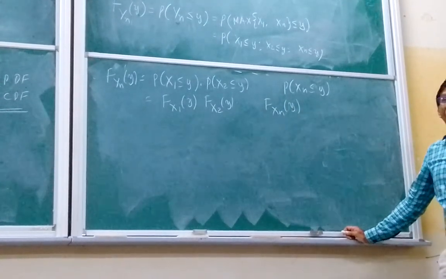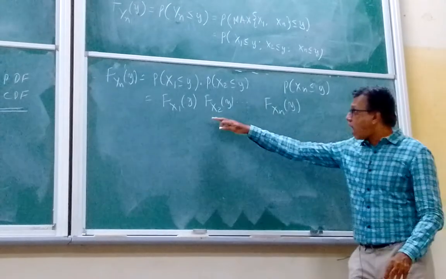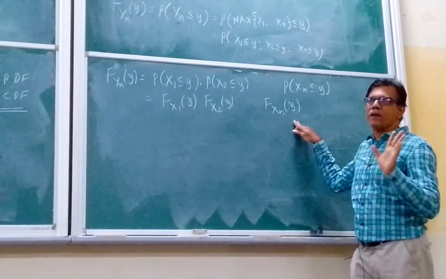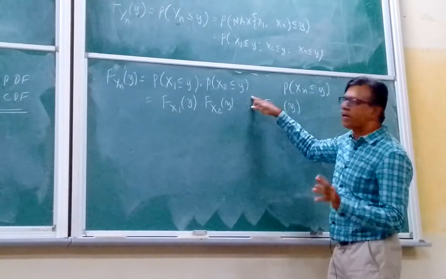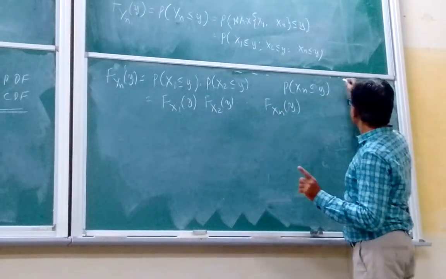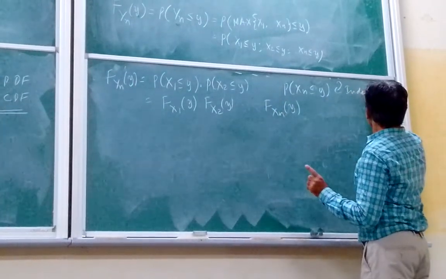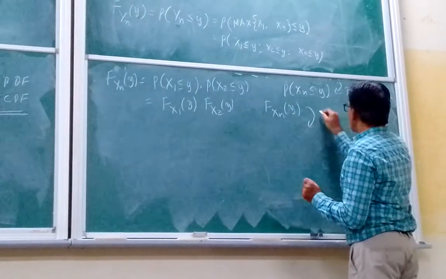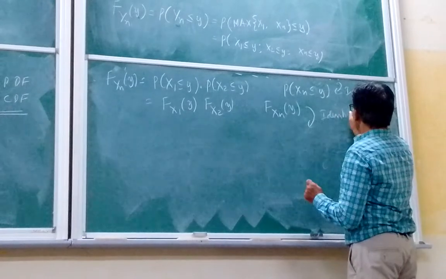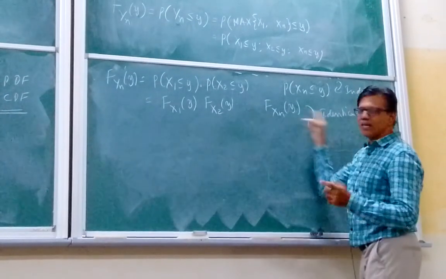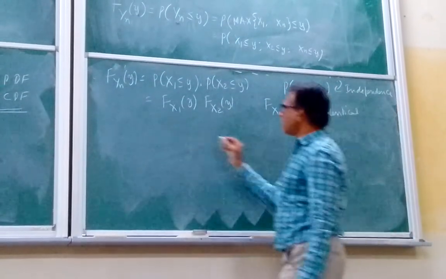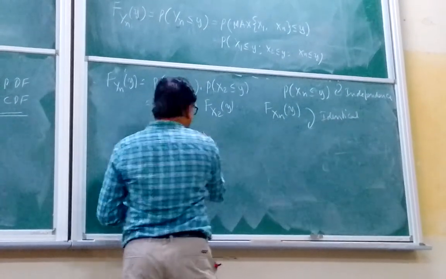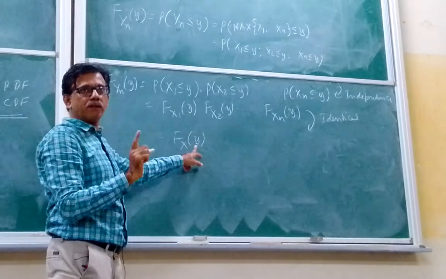And if they are identical, see, up to this one we have not used it. We have only used the independence condition. From here to here we have used independence. If you also use identical, then all are the same. That is what we denote as the common F_X, but evaluated at y, that is important.